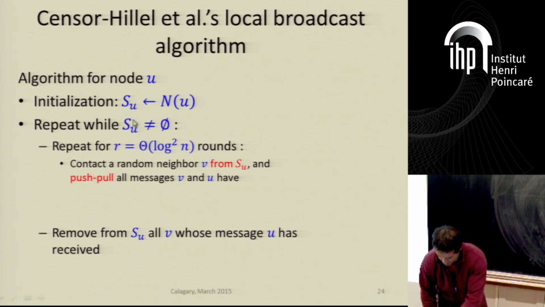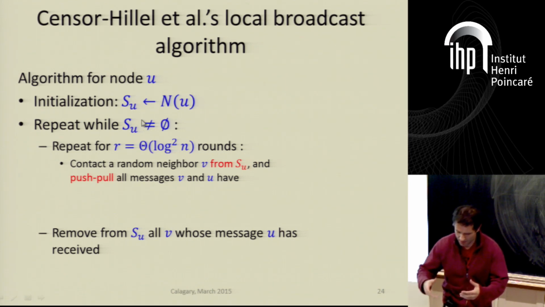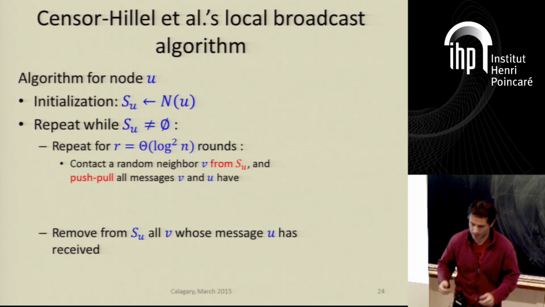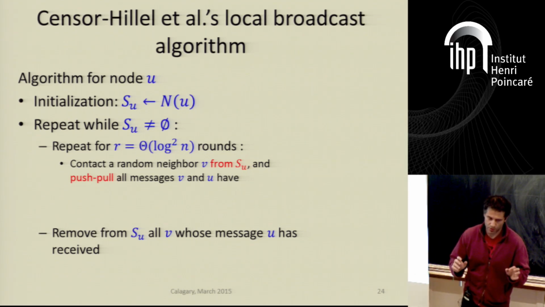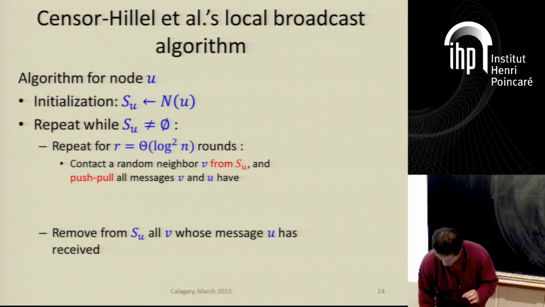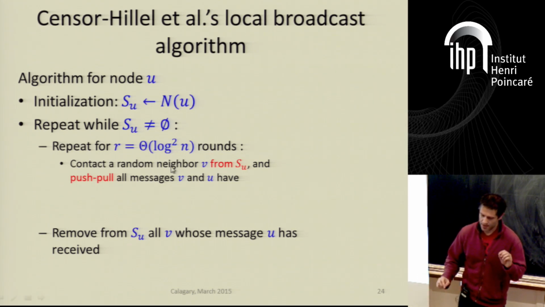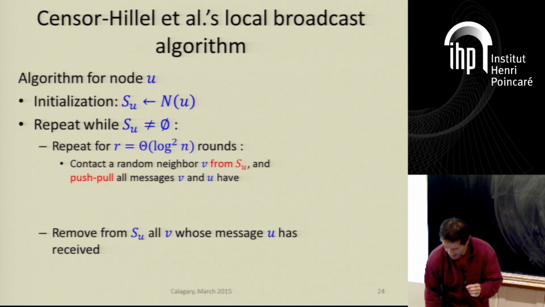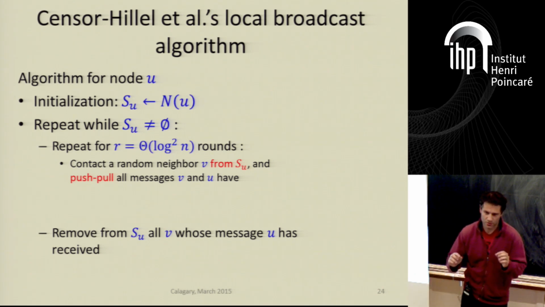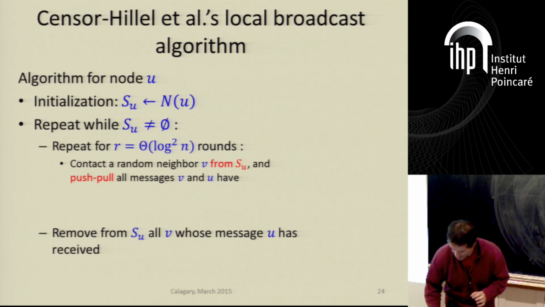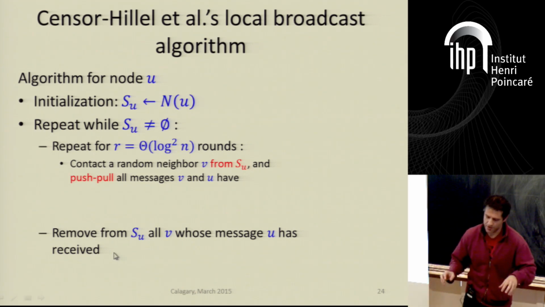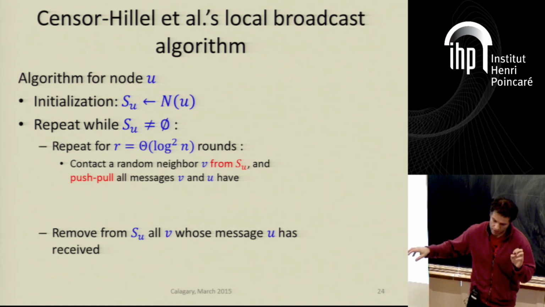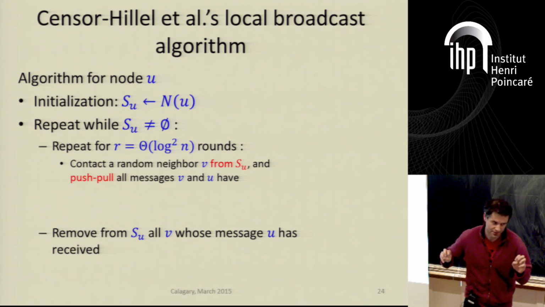Then it repeats the following code, as long as this set is not empty: it runs the push-pull protocol for log square n rounds, but each time it chooses a random neighbor among all the neighbors that are left in S_U. Then after these log square n rounds, it removes from the set S_U all its neighbors from which it has learned their messages.